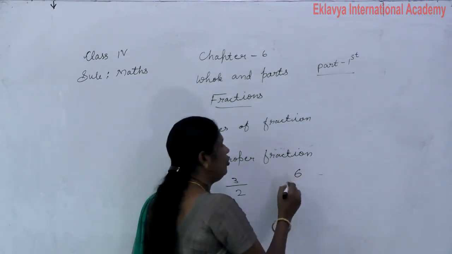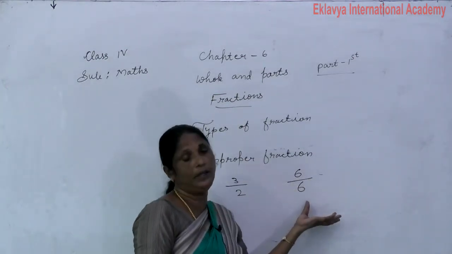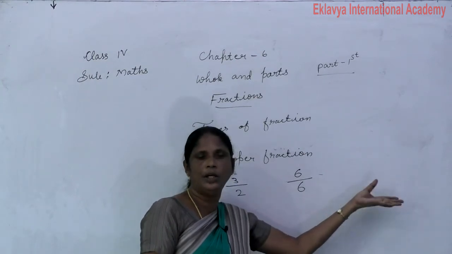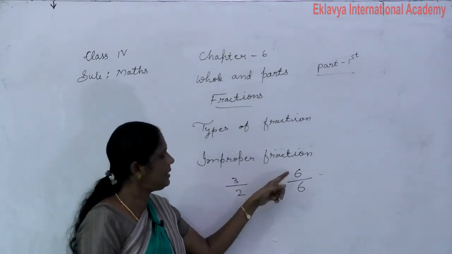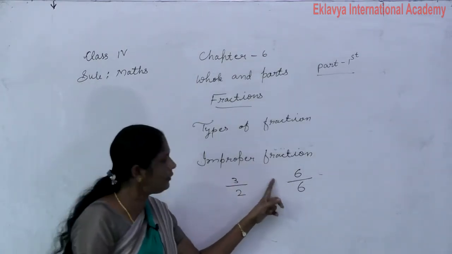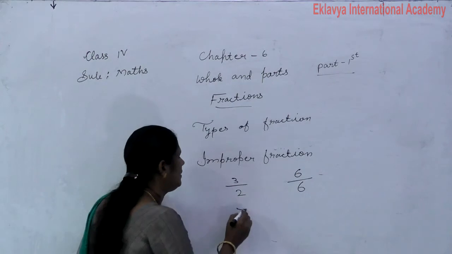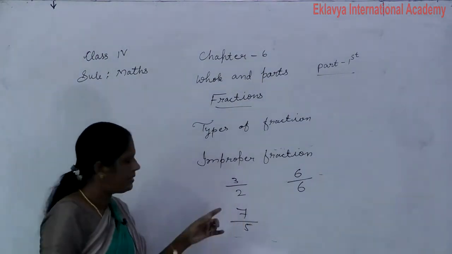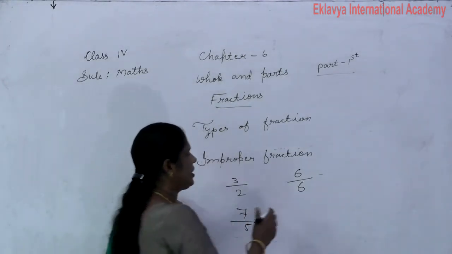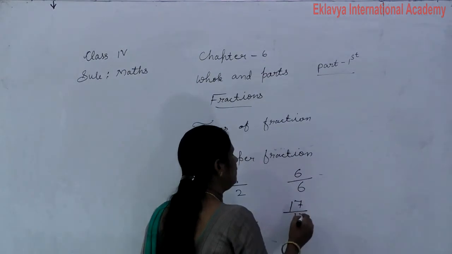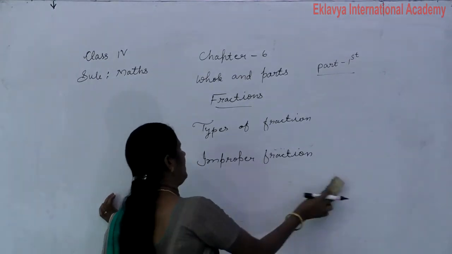When the numerator and denominator are the same, equal, that fraction is also called improper fraction. Here numerator 6, denominator also 6. That is also improper fraction. Then this, which fraction is this? 7 is greater than 5. Improper fraction. 17 by 17. Which fraction is this? Improper fraction.